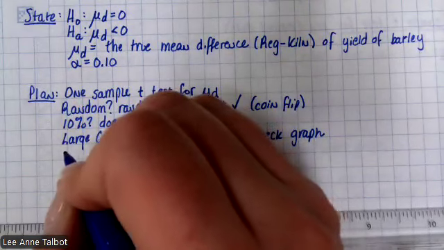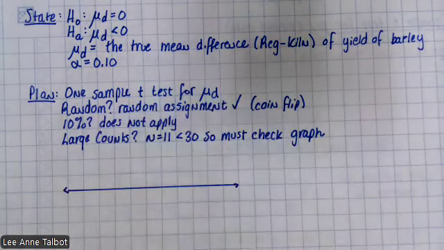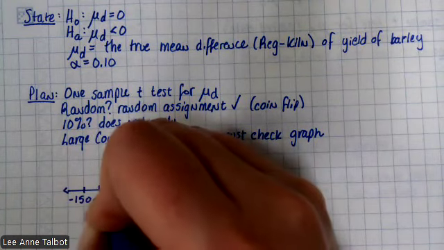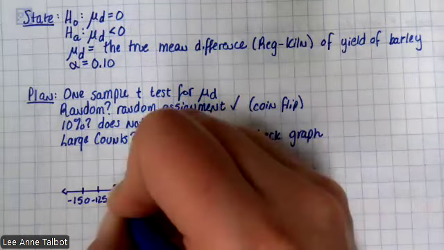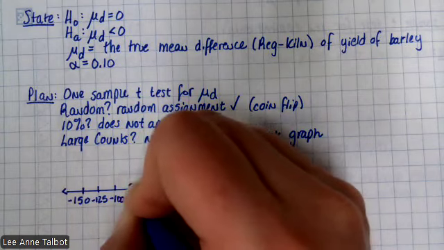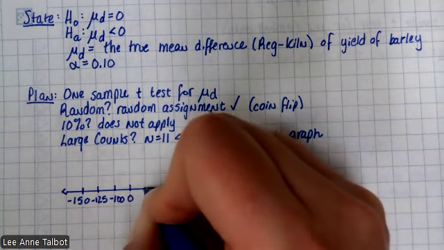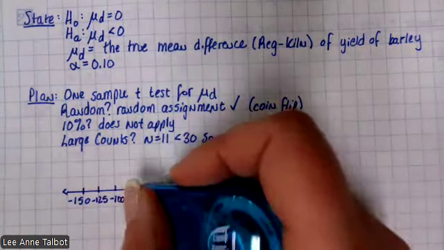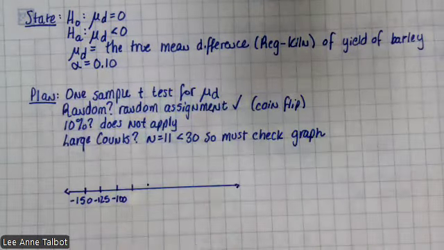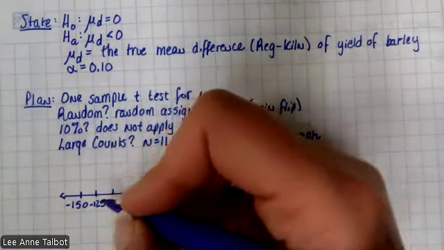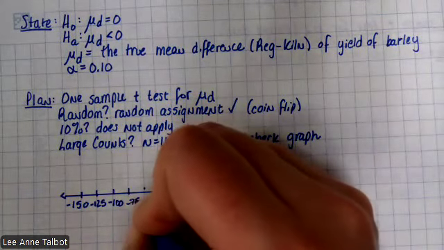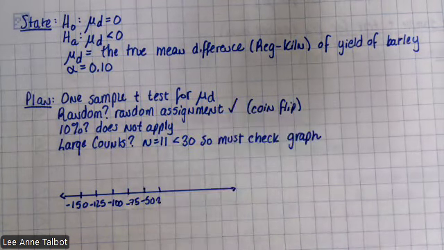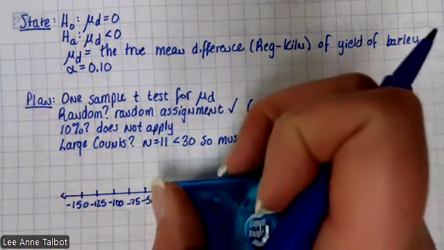So it was negative 127. So negative 150. What am I doing? I should have done this sideways.